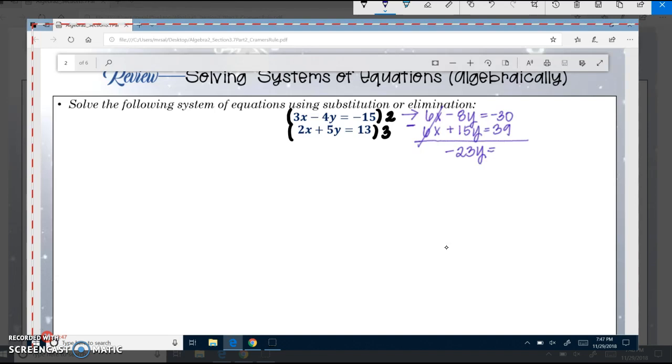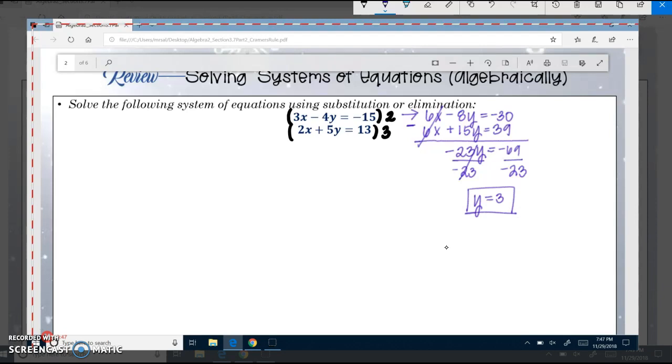Then after I've done that subtraction on the left-hand side, I have to work with the right-hand side. And so I end up with -30 minus 39, and that gives me -69 over here. So then I can divide both sides by -23. And when I do that, my y value is going to be equal to +3. So that's my y term.